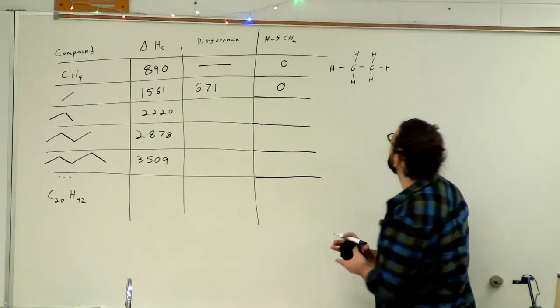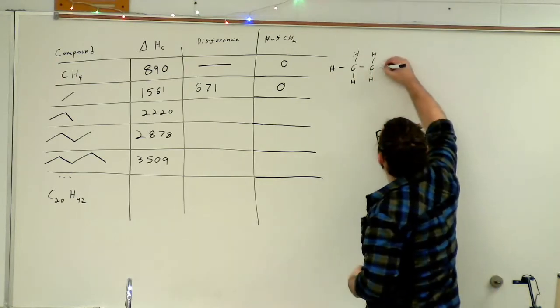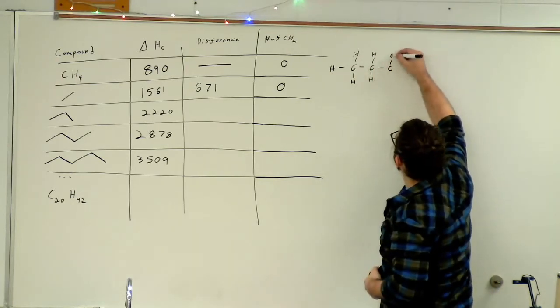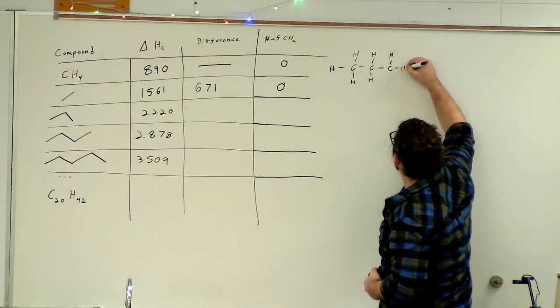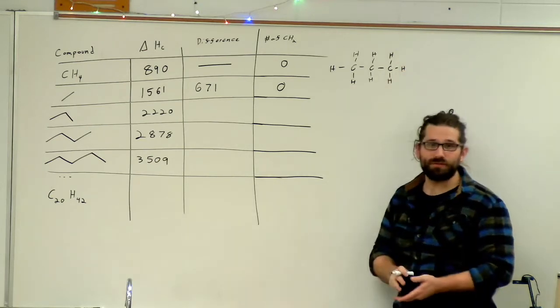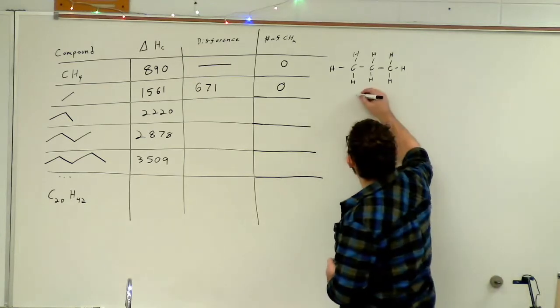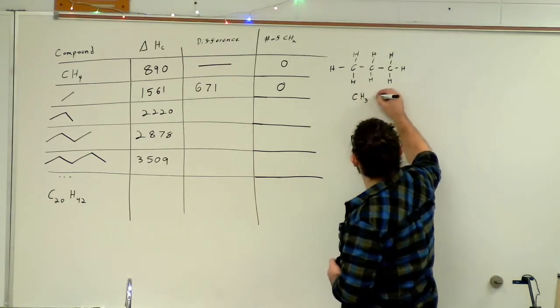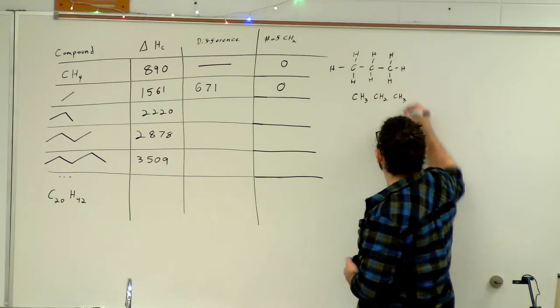No worries. But what we're going to start to get is on our next carbon, with our next addition, we're going to have a CH2 in that middle section there. In fact, we could rewrite this formula to be CH3, CH2, CH3.